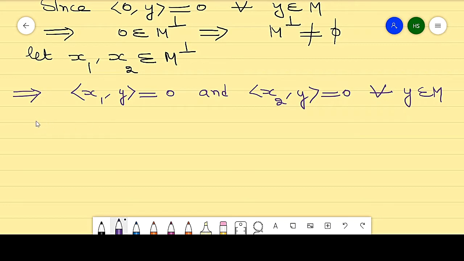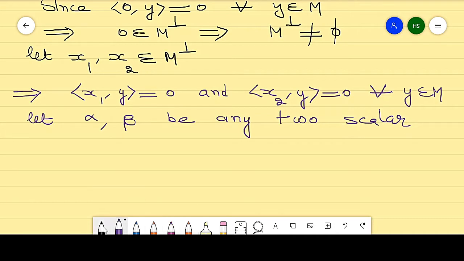So I take alpha and beta to be any two scalars. To prove that the linear combination alpha x1 plus beta x2 belongs to the orthogonal complement of M, my aim is to prove that its inner product with y equals 0.